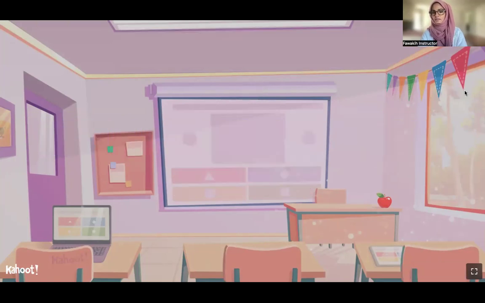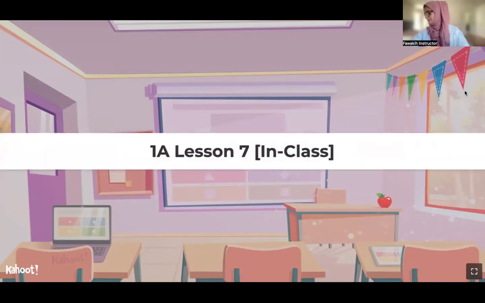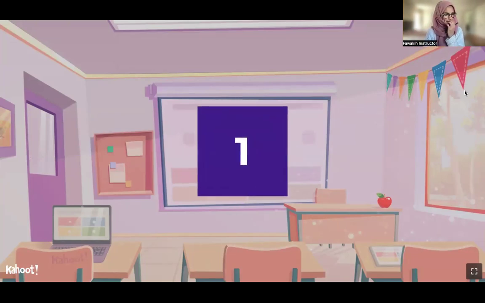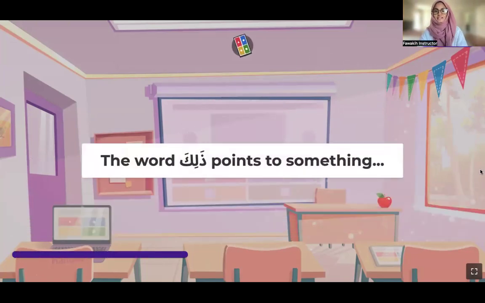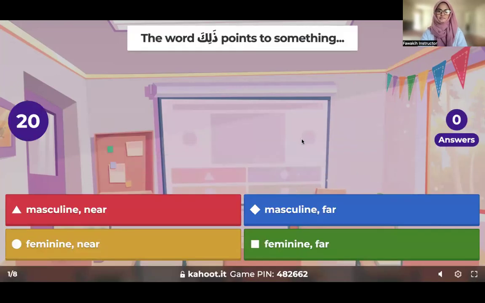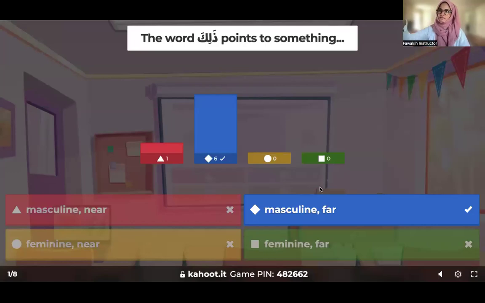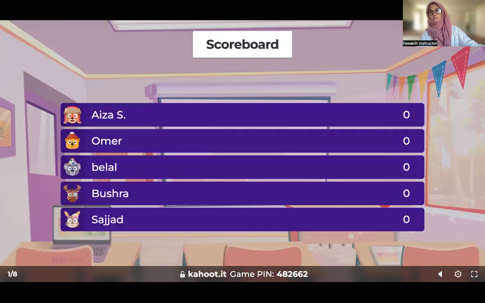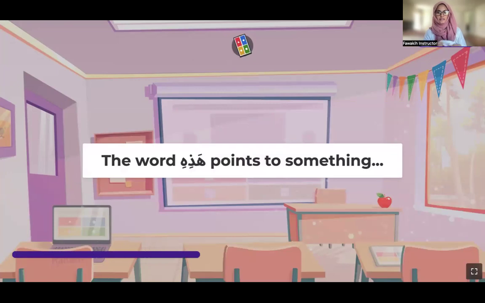Let's start. Bismillah. The word ذَلِكَ points to something. Masculine and far, ذَلِكَ, that. The word هذه points to something.